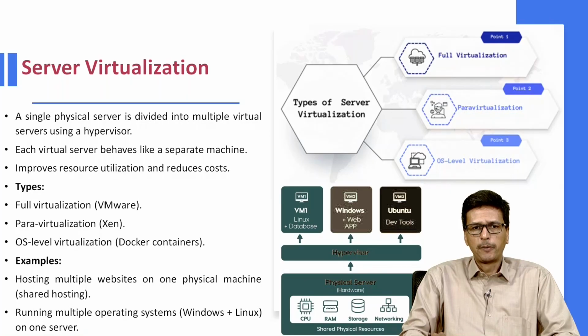You use the hypervisor, the middleware, for interacting with different virtual machines, and the end user interacts with those virtual machines. Now these types we can see with an example: hosting multiple websites on a physical machine, that is shared hosting.